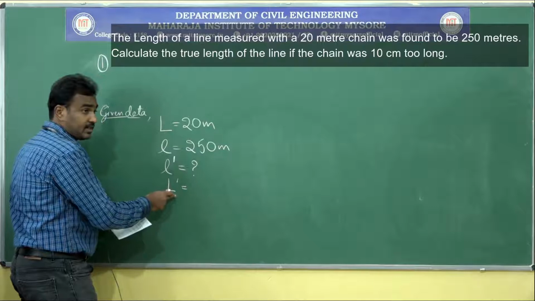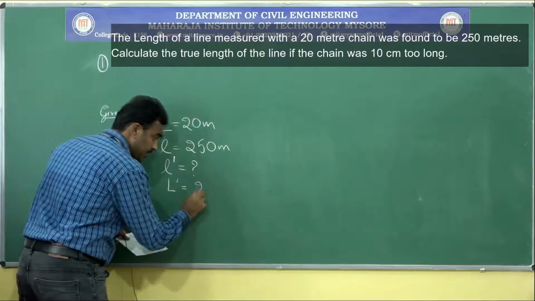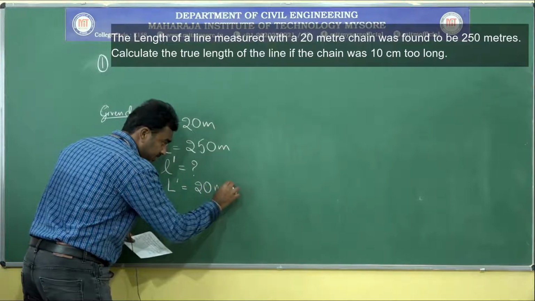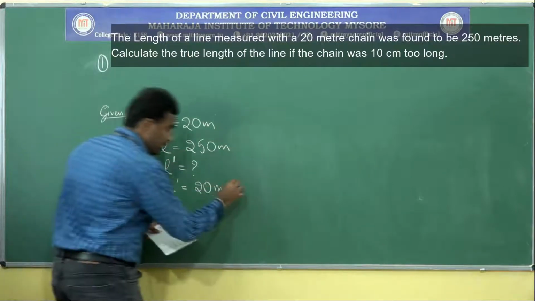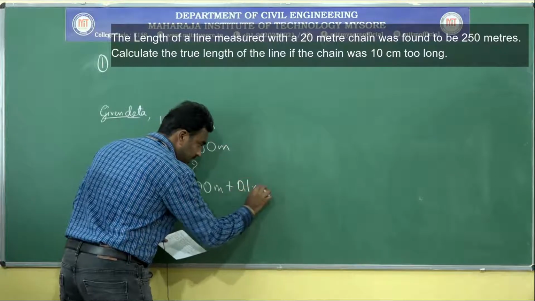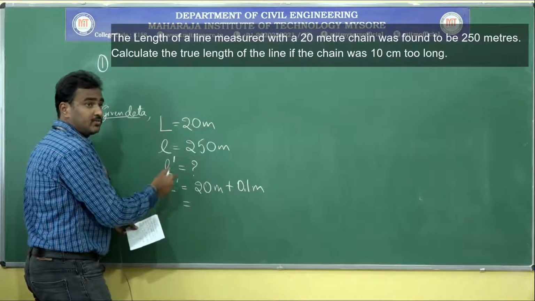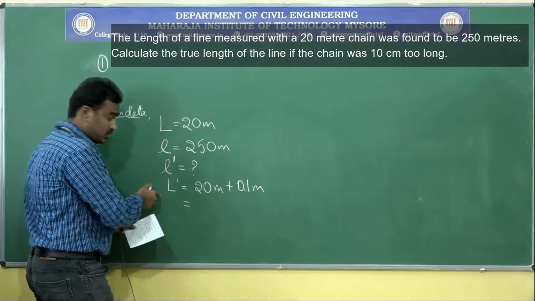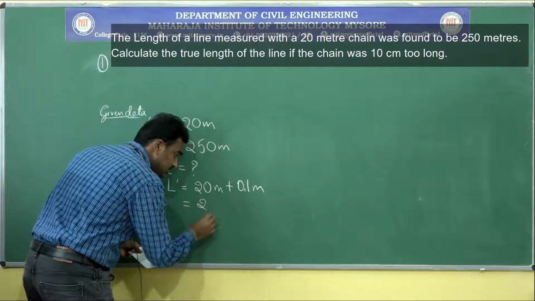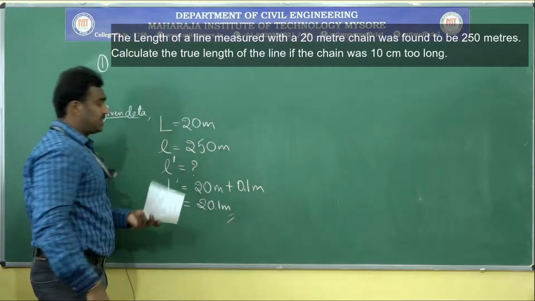The incorrect or actual length of the chain now is 20 meters plus 10 centimeter, that means 0.1 meter. So the actual length of the chain which they have used is 20.1 meter. So this is the given data.